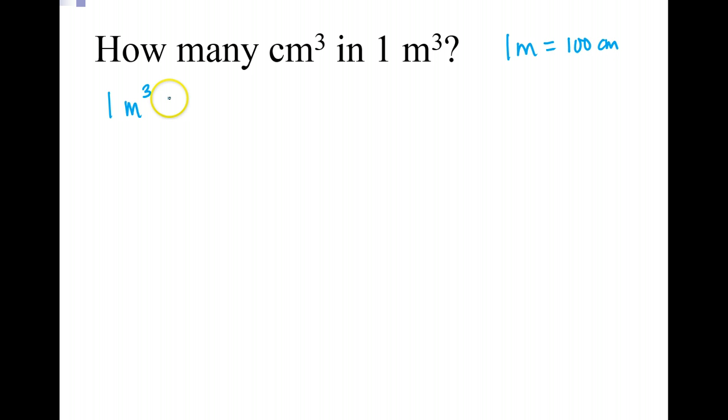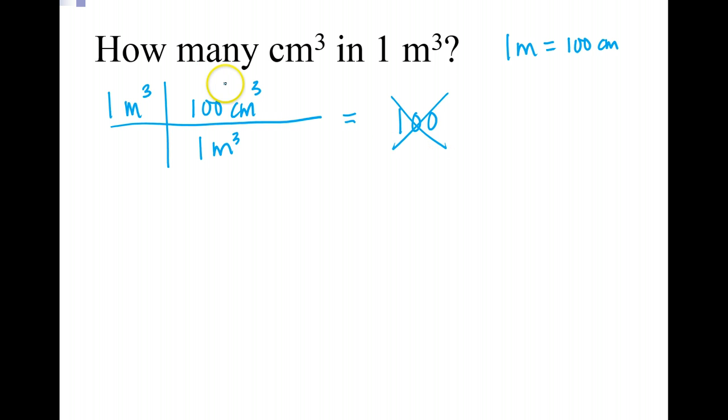So many students will set this up and write the fact that, okay, in 1 meter there's 100 centimeters. And then they look at the cubed part of the meter measurement and they simply add a cubed on the meter and a cubed on the centimeter, and then they tell me that their answer is 100. The problem is they have forgotten to cube the 100.